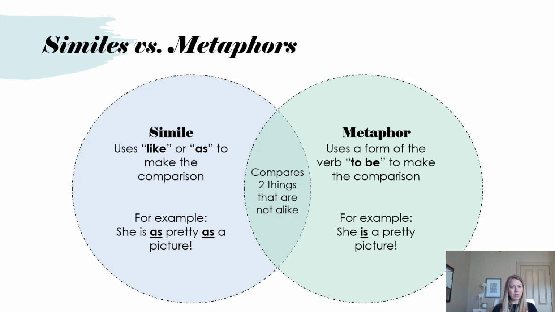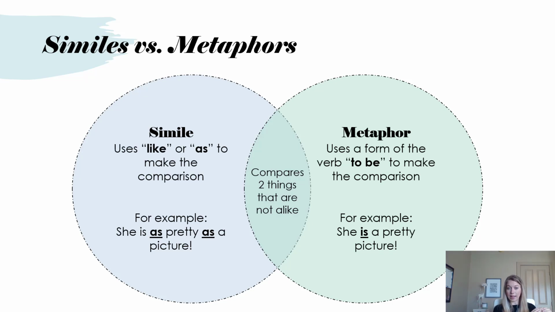Now, it can be really confusing to keep similes and metaphors straight in our minds, and I think this helps us see why. The confusion is that they actually do the same job. Both similes and metaphors are comparing 2 things that are dissimilar. They do the same job. The difference is how they accomplish it.